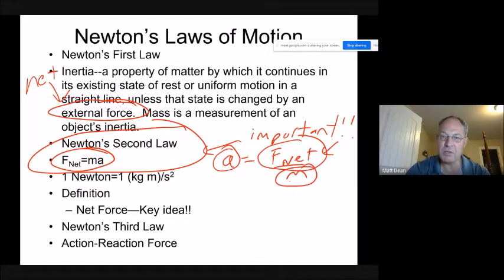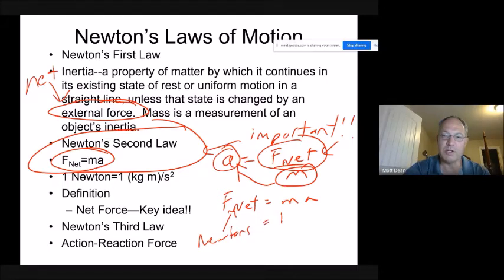More mass means a smaller acceleration. So mass and acceleration are inversely proportional. Net force and acceleration are directly proportional. Let's look at the equation for a second for Newton's second law, and this will let us derive what a newton is. So here's force. This is going to be measured in newtons.